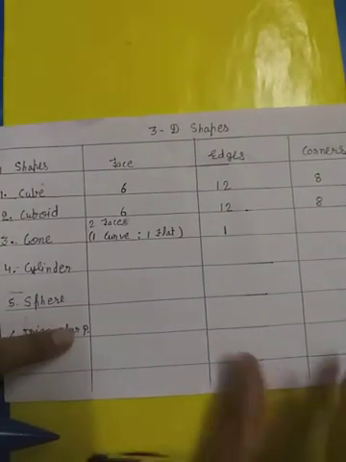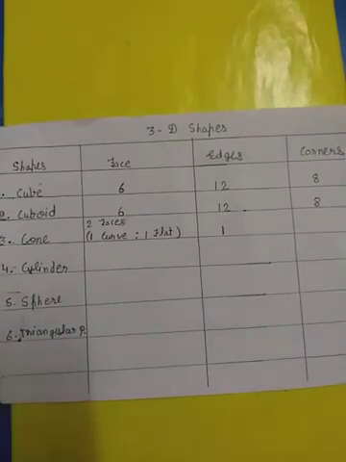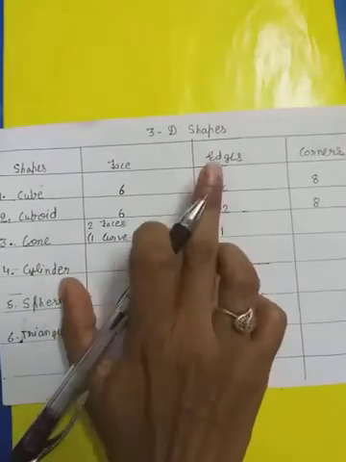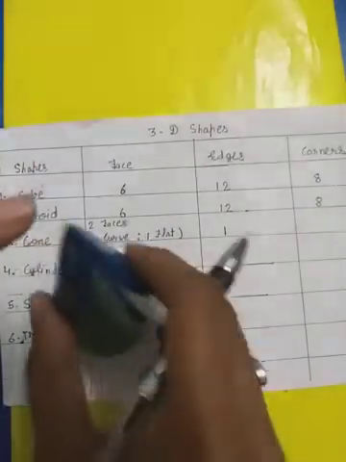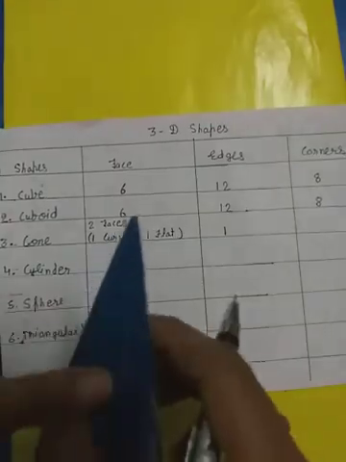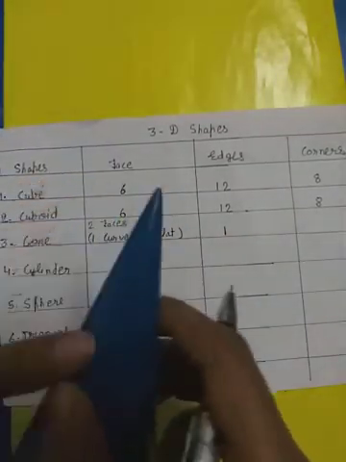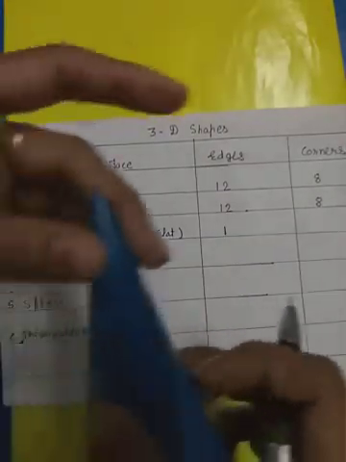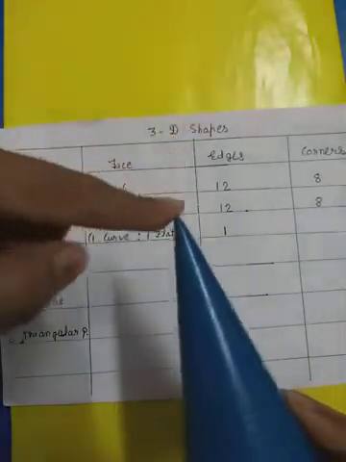And corners, which we also call vertices. Where two edges meet, that is called a corner. This one is called a corner because this is an edge, and the edges meet at this point.